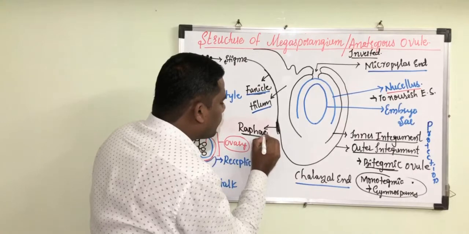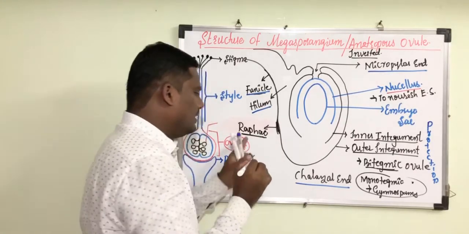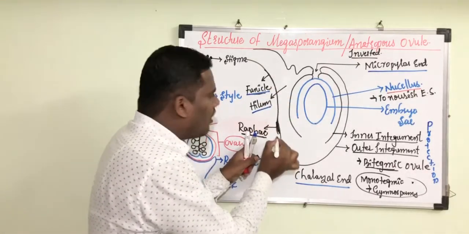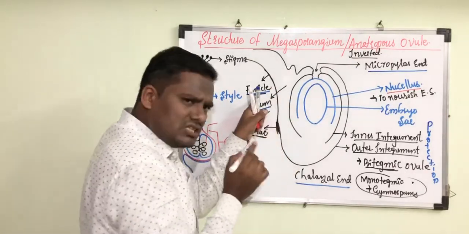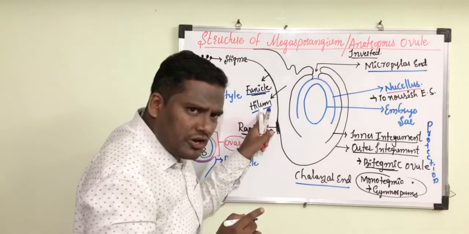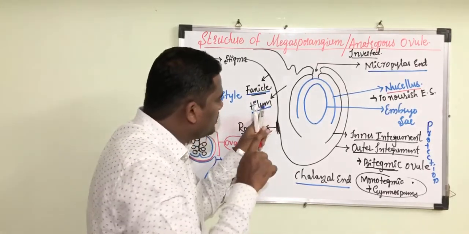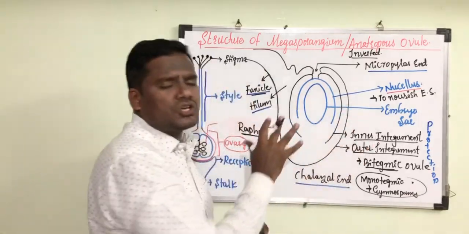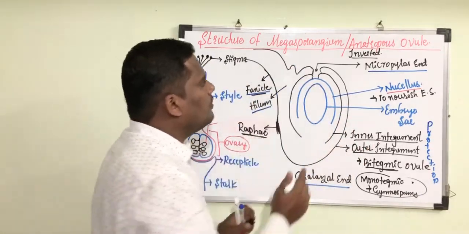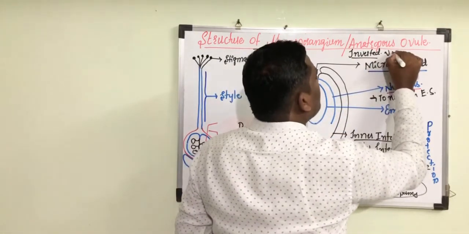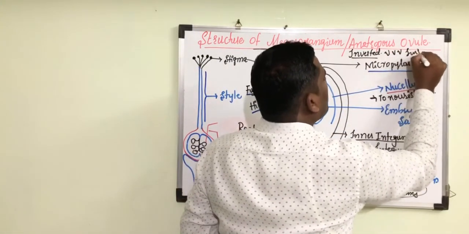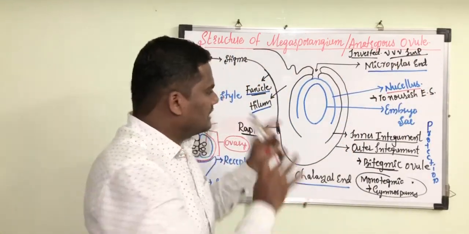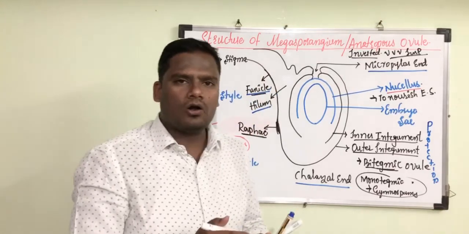Hence, additional protection is given by the raphe. It is nothing but the extension of the funicle. The funicle is the holding, and the hilum is the junction where the funicle gets attached to the outer integument. This is the detailed structure of the anatropous ovule, which is very important for both board and competitive exams.